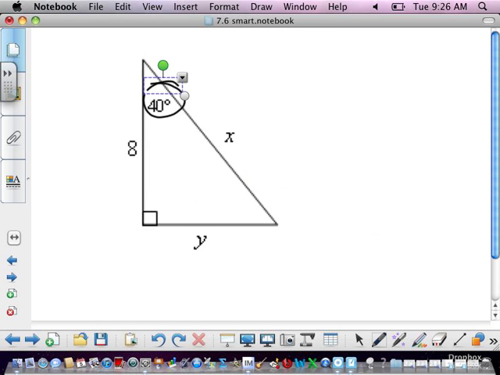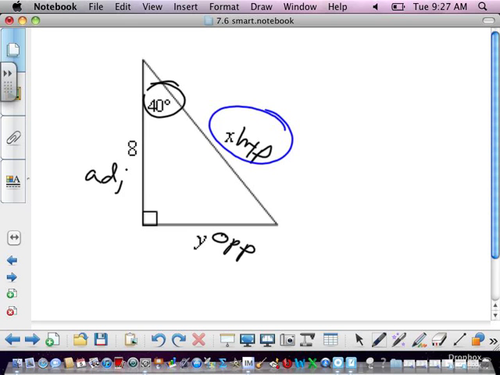We're looking at 40 right here, right? What is opposite 40? Okay. What is the hypotenuse? What is adjacent? What do we want to find first, x or y? Let's do x. It's in alphabetical order. Okay, so Dana, this should answer your question. I want to find x, and I've got what other number?